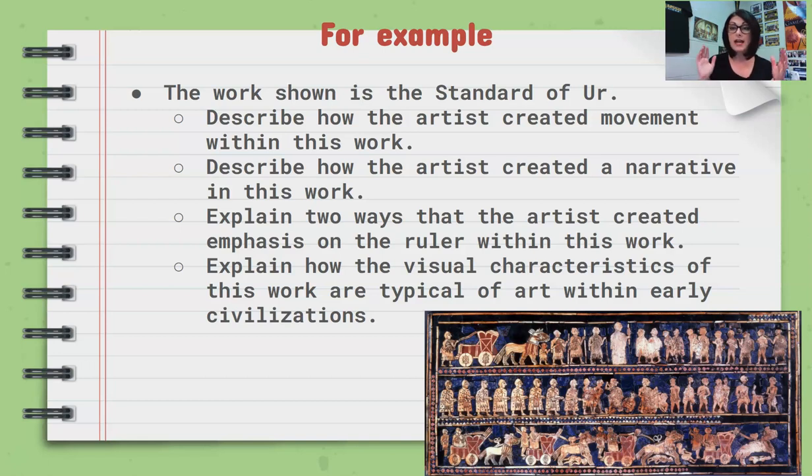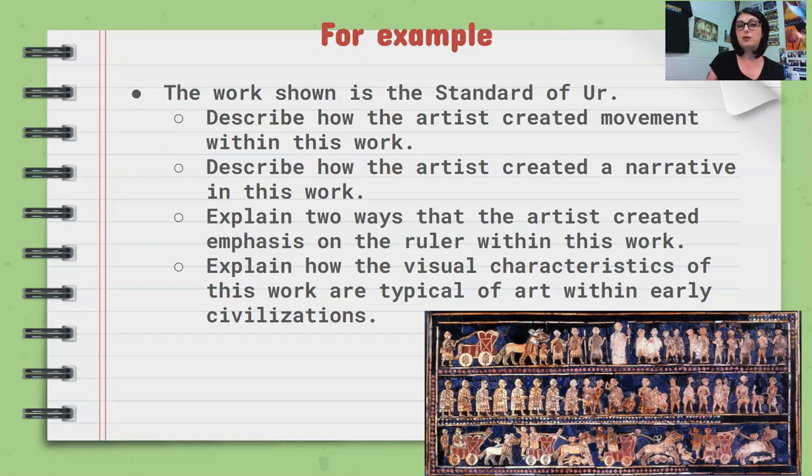So not only is it white, it's brighter. You could also use scale. He's bigger than everybody else, or the shape of the form. He's larger. You could also do placement. He places him right in the middle, right in the center of the top row. Okay, so it's the how. How did they do that? Break it down.